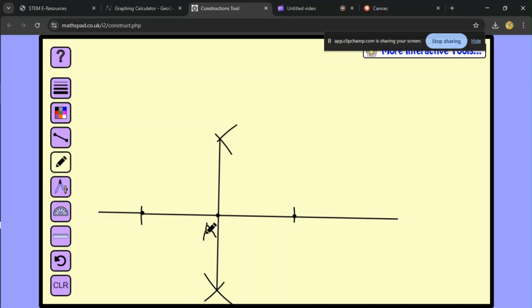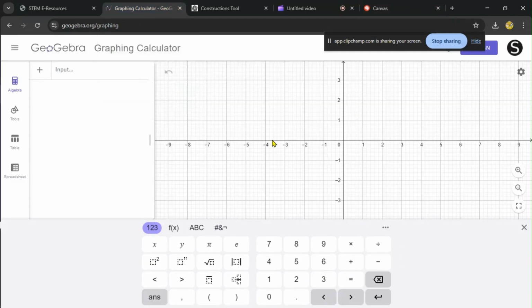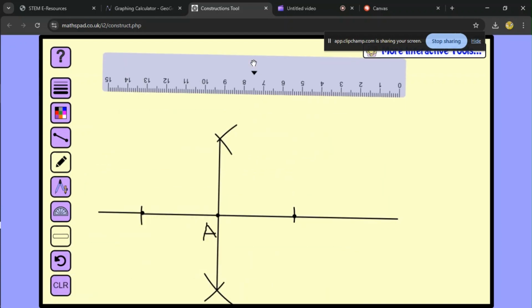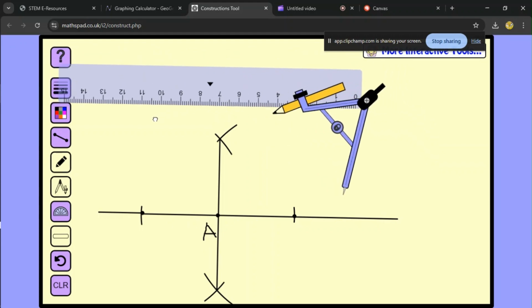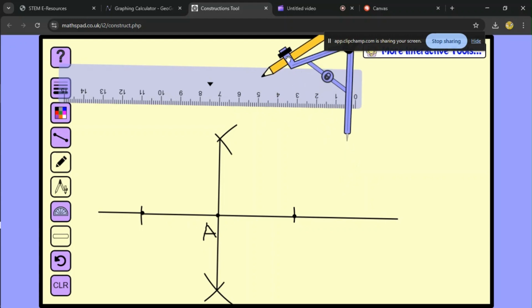Then using a ruler, from A to B is 6 centimeters. So I want to measure 6 centimeters.